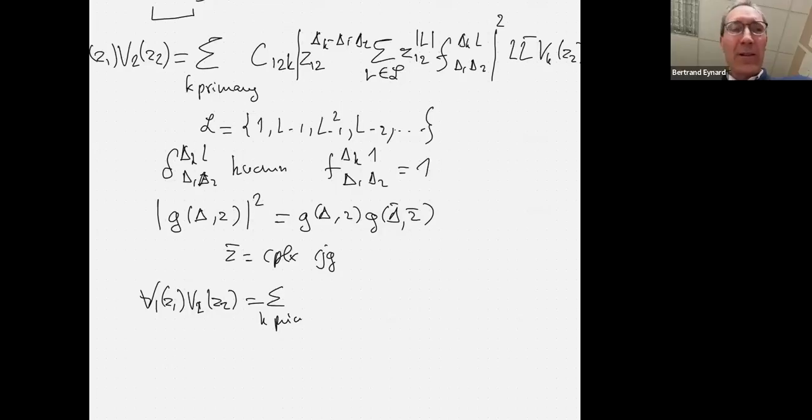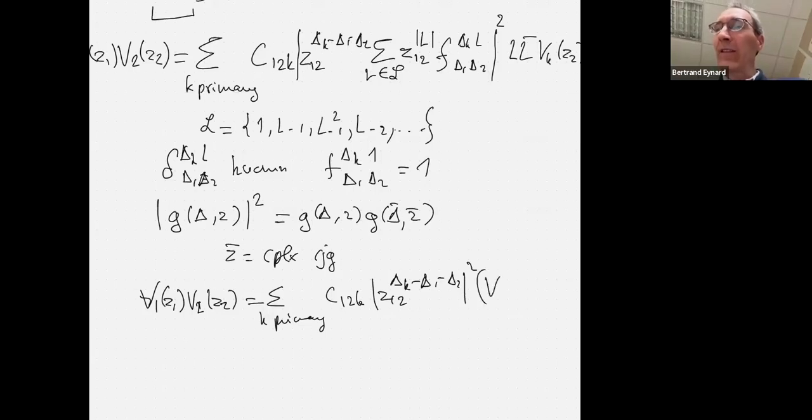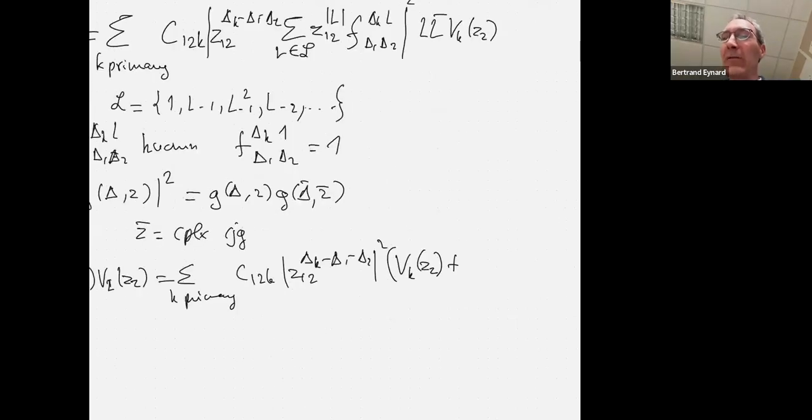It starts like the above formula, but it will quickly be simpler because I'm just writing |z12| to the 2(Δ_k minus Δ_1 minus Δ_2). And then I have V_k(z2) plus descendants. Now I just write plus descendants because this is something known. We don't need to know the details.